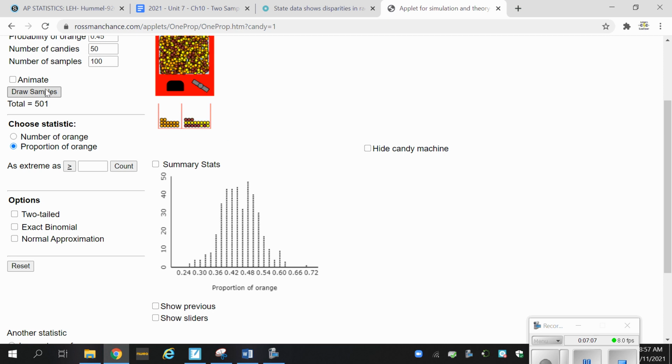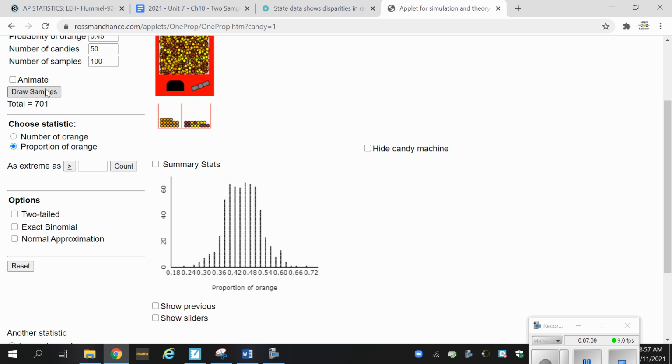It should be pretty close to approximately normal, and we know that because of the large counts condition.